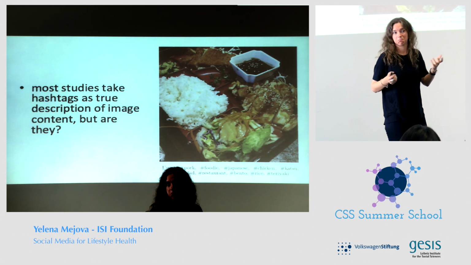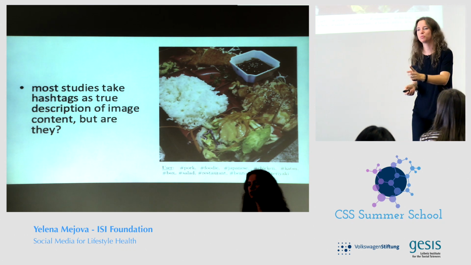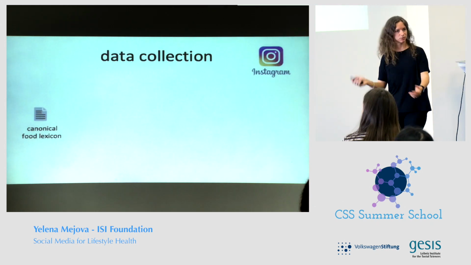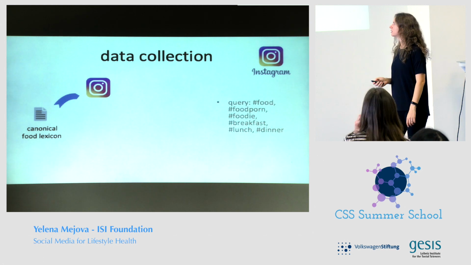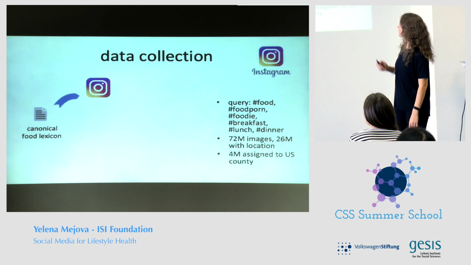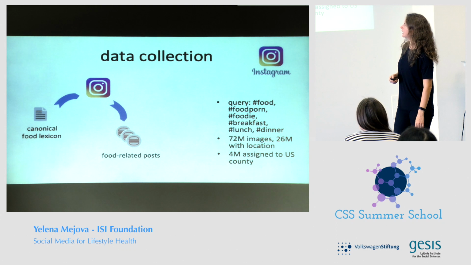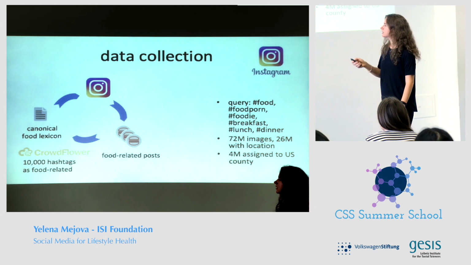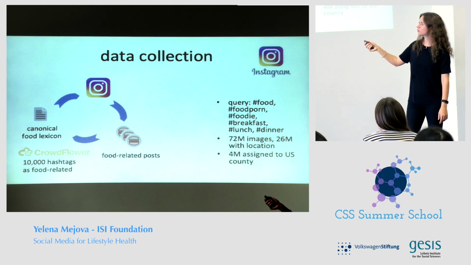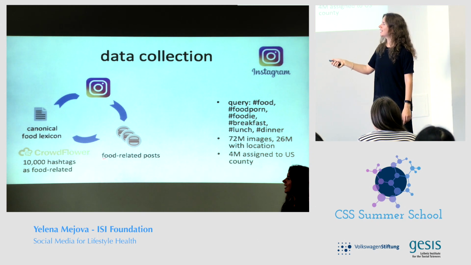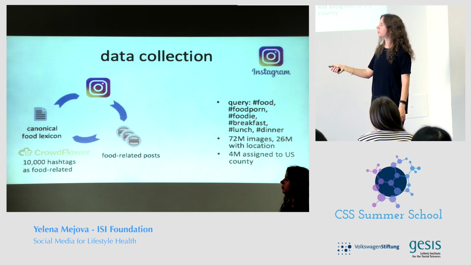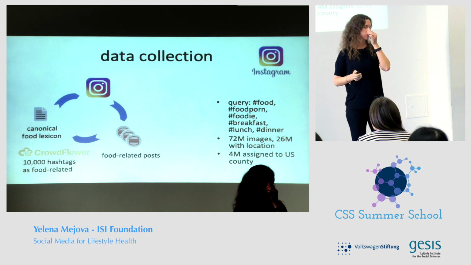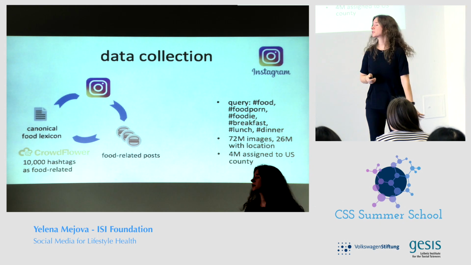So can we improve, right? Can we look at this and improve? The idea is that we gather a data set with the canonical food lexicon, so we get a whole bunch of images back and say, okay, these are food-related posts. What we can do then is look at the top hashtags that appear here and enrich our lexicon by asking crowd workers.